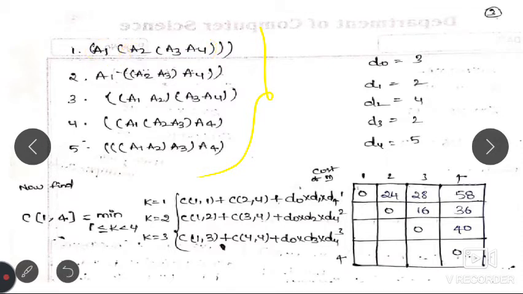For the next one, A2 and A3 have the bracket, so first we multiply these 2 matrices, then the result matrix with A4, and the total result with A1. Similarly for the others.